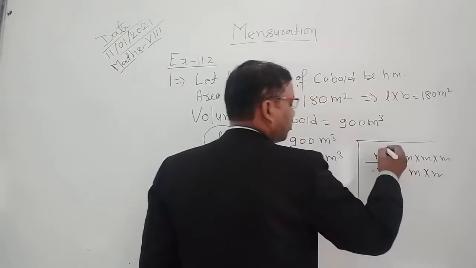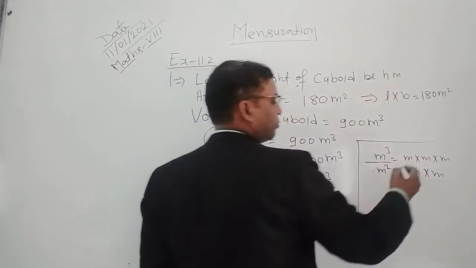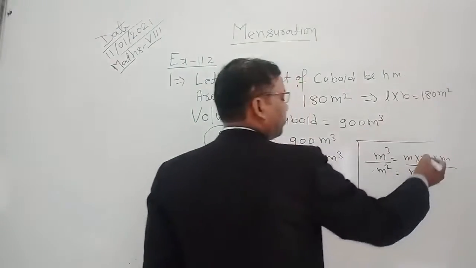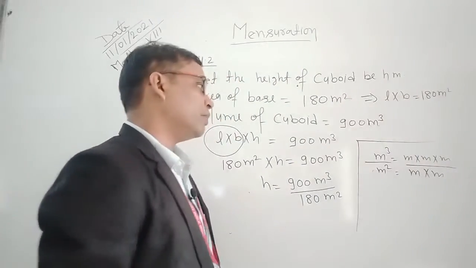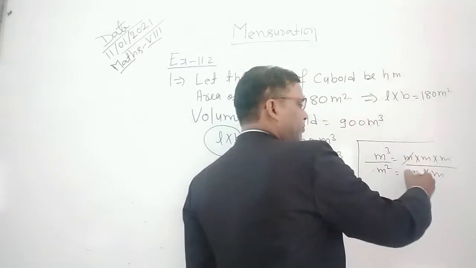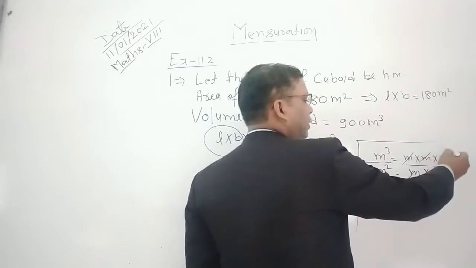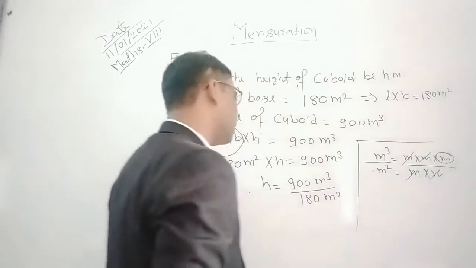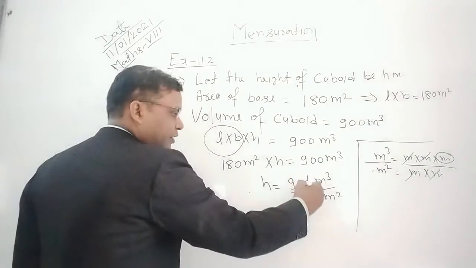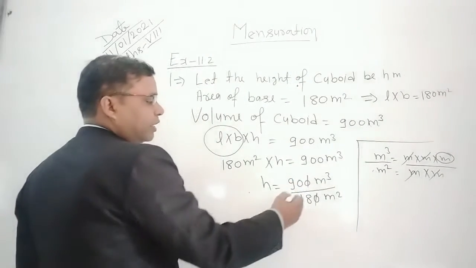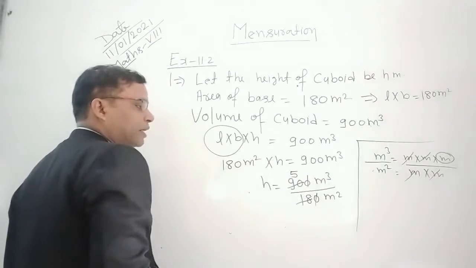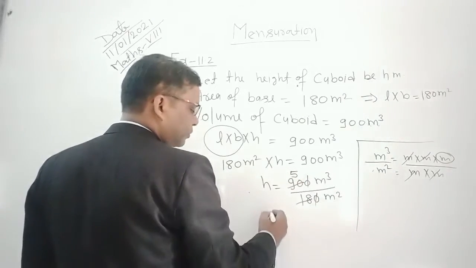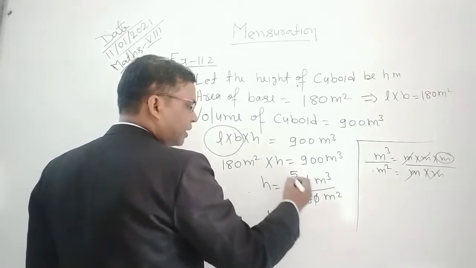If you divide m cube by m square, then you get m into m into m divided by m into m. So you can cancel this m with this m, this m with this m. You will get only this m. Okay. So here you can see 0 cancels by 0, and 18 fives are 90, and here we get H is equal to 5 m.